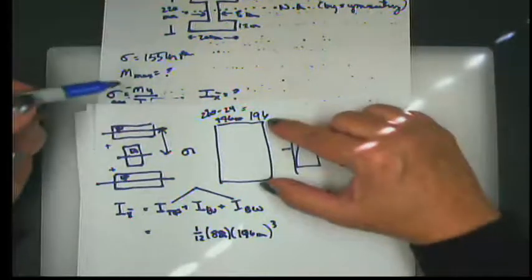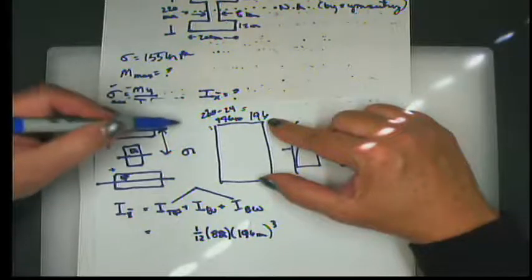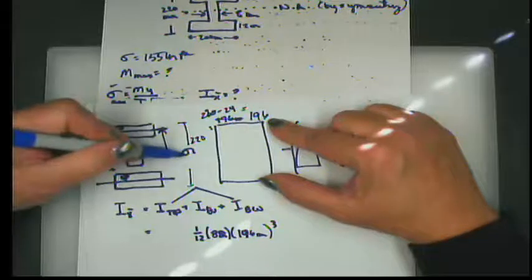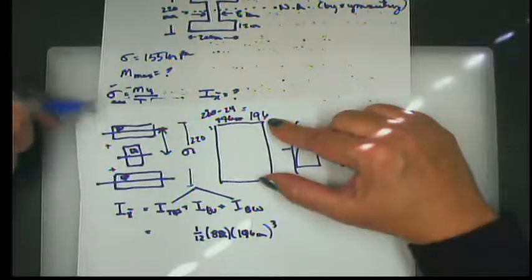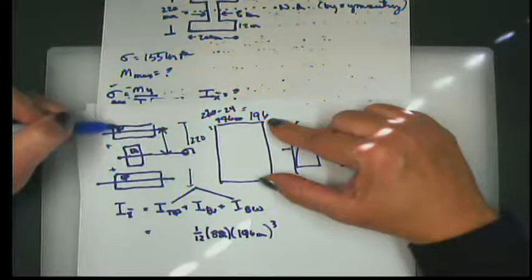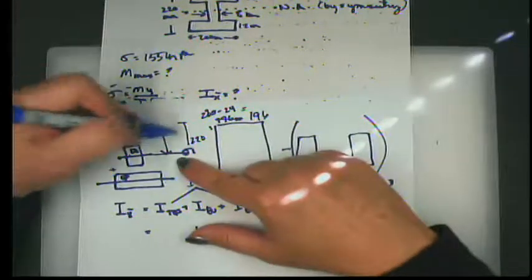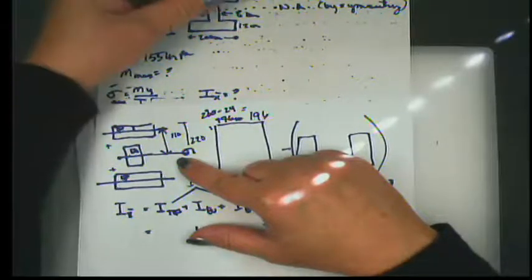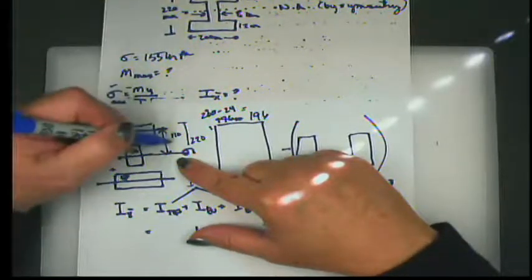If this entire distance is 220, I know that if I think about starting from the top, this distance from the neutral axis to the very top would be half of that, or 110, but the neutral axis of the top piece is halfway down at 12, or minus 6.